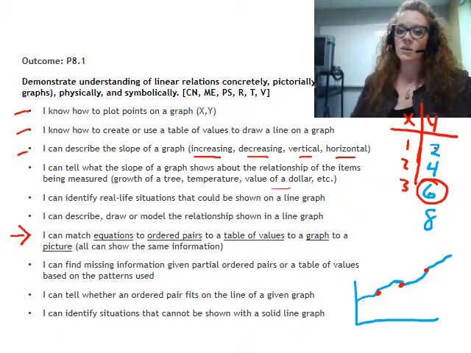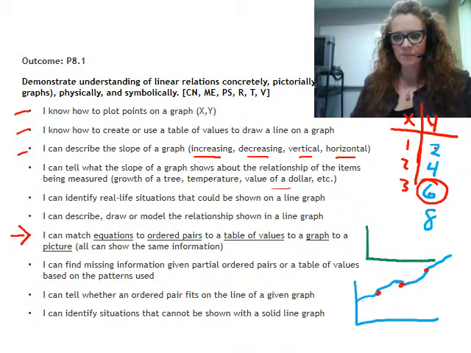But there are some situations that cannot be shown with a solid line graph. For example, if I'm going to ask students, let's see, we'll say number of students is up the side here. We have 1 to 10, and I'm going to ask them how many hours they spent on homework. And so we've got that on the side here.